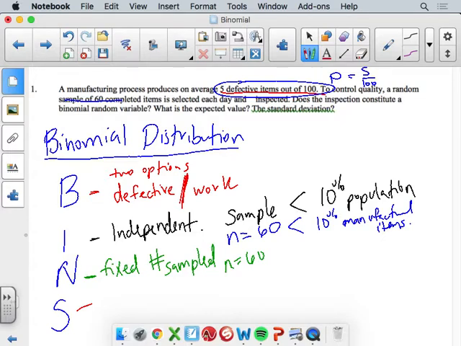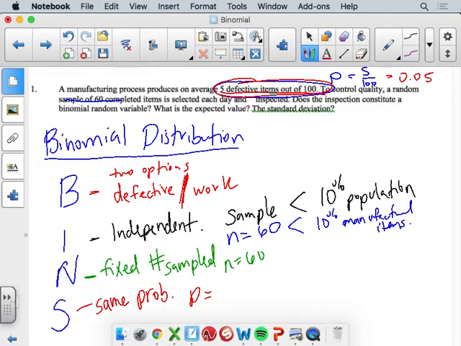But S is what it stands for. Do we have the same probability throughout? Is our probability fixed? We're talking about probability here. And the probability they said was 5 over 100, which is 5%.